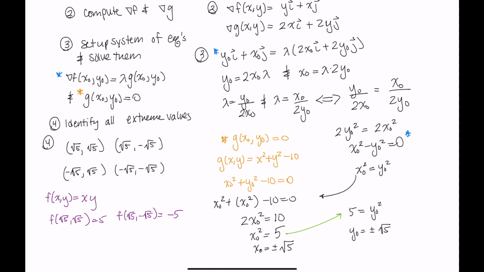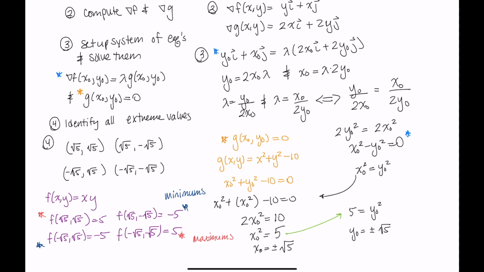I'm keeping these in correspondence, so these two will go down below. f of negative root 5, comma root 5 is going to be negative 5, and f of negative root 5, comma negative root 5 is going to equal 5. As we can see, these two are maximums, and these two are minimums.